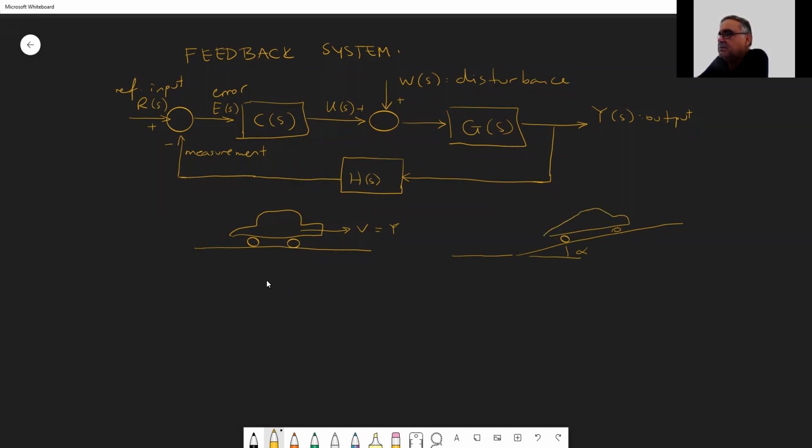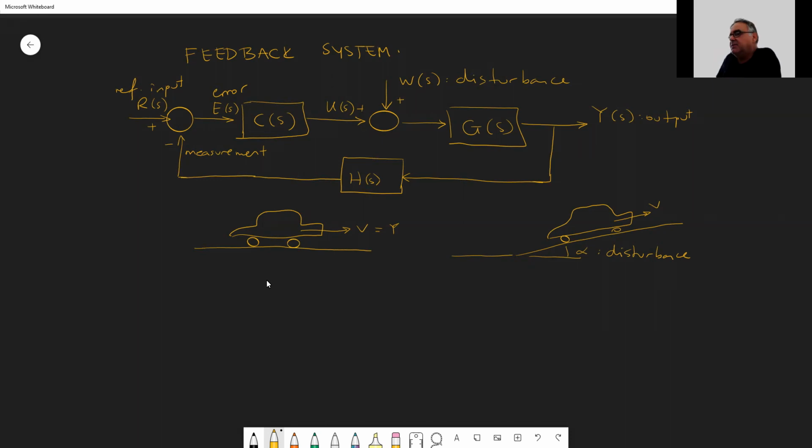Suppose that this is a car, it doesn't look like it. Now there is an extra load on the car because of this slope. The car has to overcome the slope of the road as well. So that's a disturbance on the car. Or if a wind comes, the wind is a disturbance.